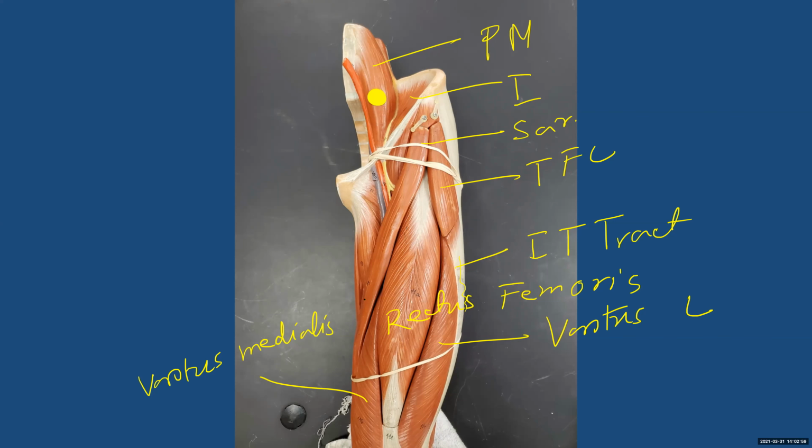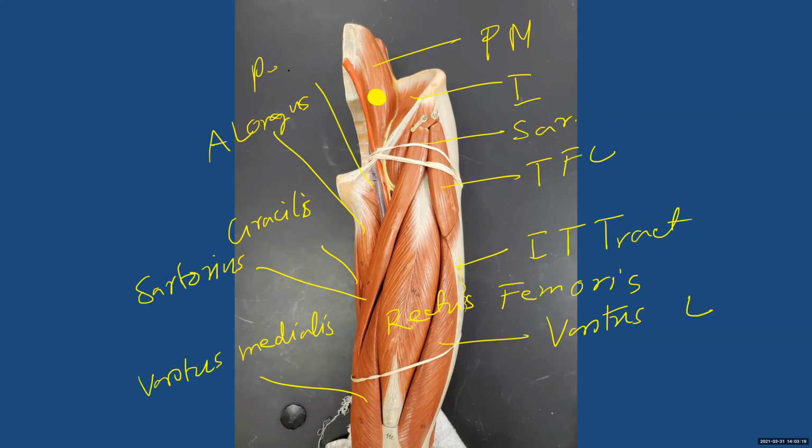So once again, recap. Sartorius, the only muscle that goes from lateral to medial. Gracilis, adductor longus, pectineus, and right there in between the two, adductor brevis.